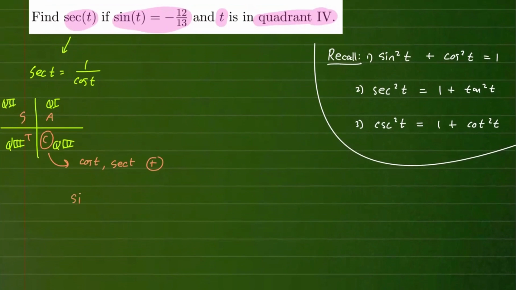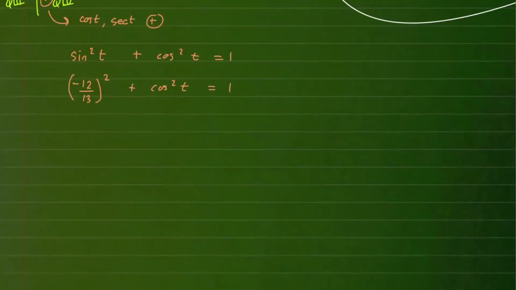So we know that sine squared of t plus cosine squared of t is equal to 1. So I'm going to substitute this sine value into this trigonometric identity. So this is going to be negative 12 over 13 squared because that's sine, plus cosine squared t, which we're looking for, is equal to 1. And now we can square 12 and square 13.